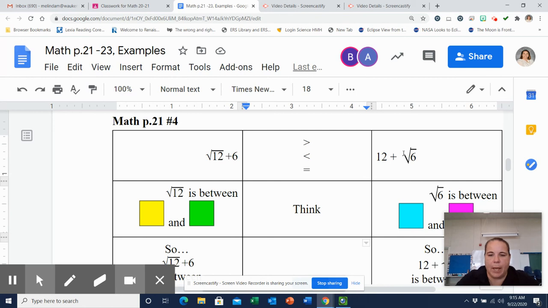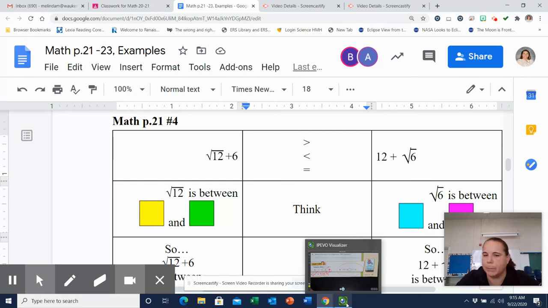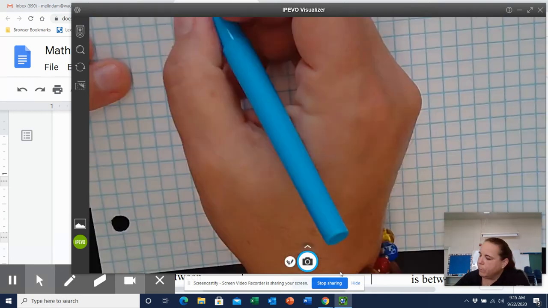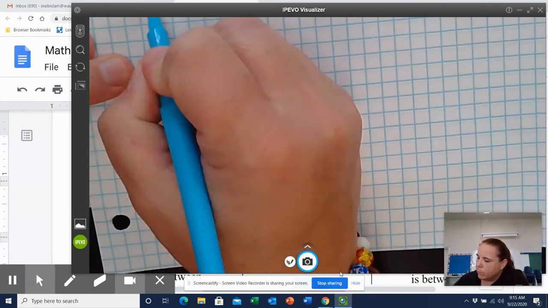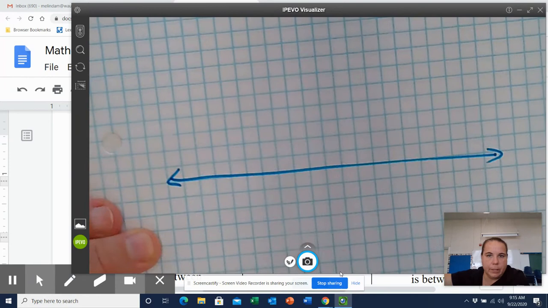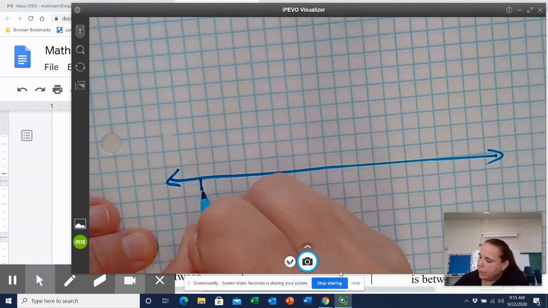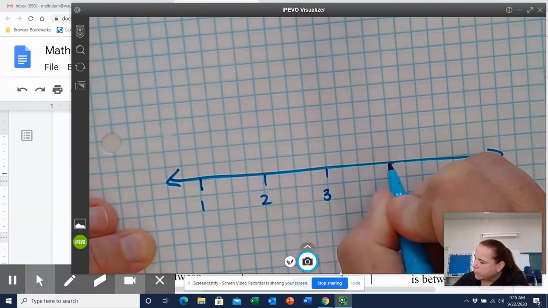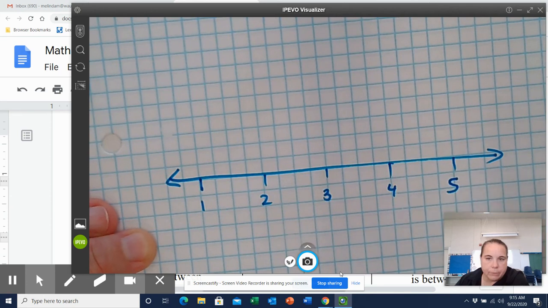If we go back and look at our number line, we're going to have to look at a number line to come up with a good estimate for that. So here we have 1. Think of our whole numbers: 2, 3, 4, 5.